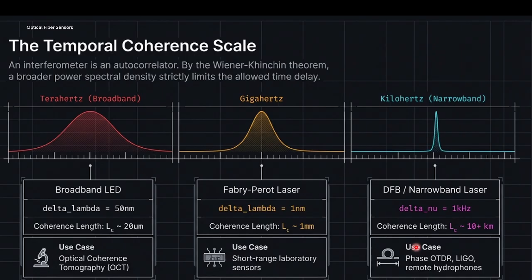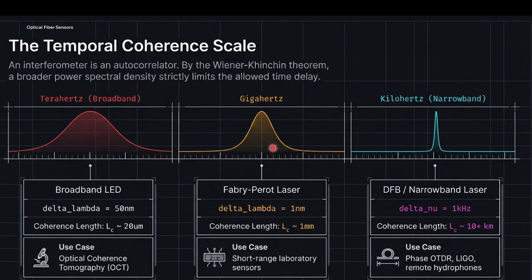You can see that the terahertz case, the broadband LED, has a delta lambda of 50 nanometer and a coherence length of up to 20 micrometer. The use case of this is optical coherence tomography, OCT.